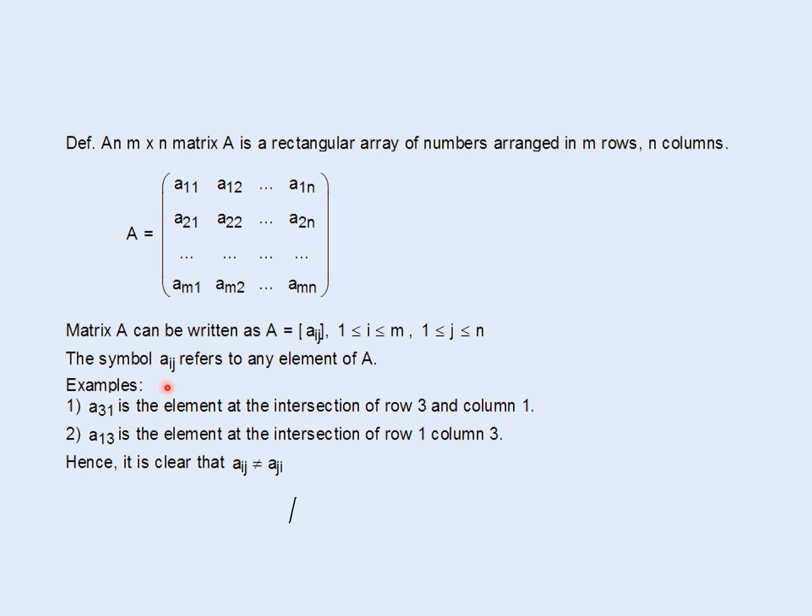The symbol aij refers to any element of A. Element aij is the element found at the intersection of the ith row and jth column. So this is the ith row and this is the jth column. This will be the element aij.